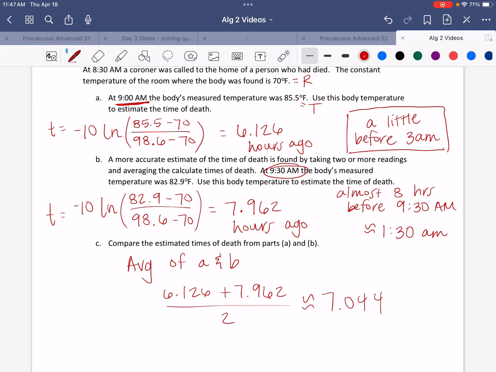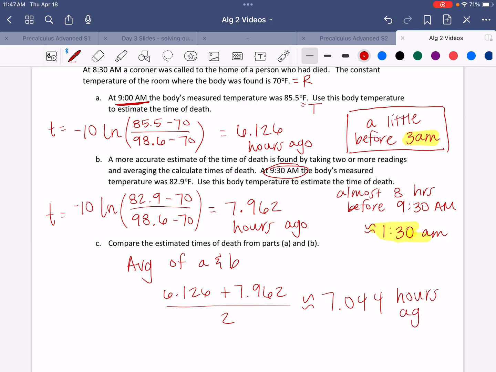The tricky part about this is then which time do I subtract from? So probably more accurate here is if I said, okay, take these times at the end and find what is exactly between 1:30 and 3 a.m. Those are 90 minutes apart, so about 2:15 a.m. approximately.